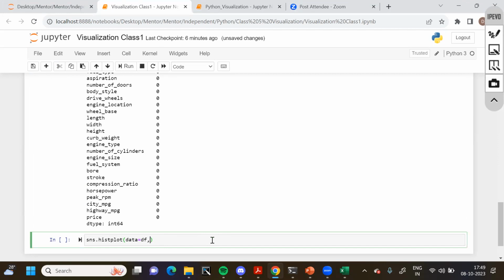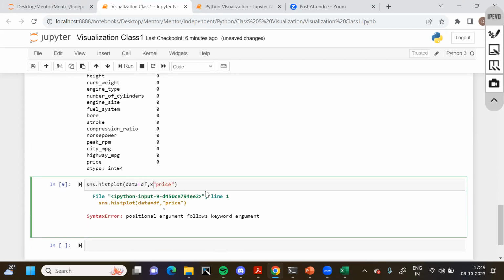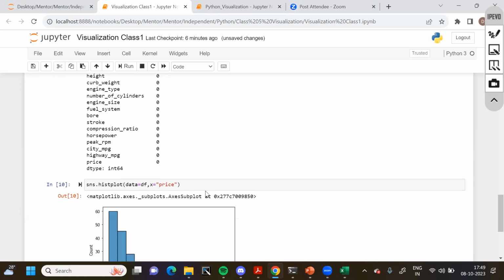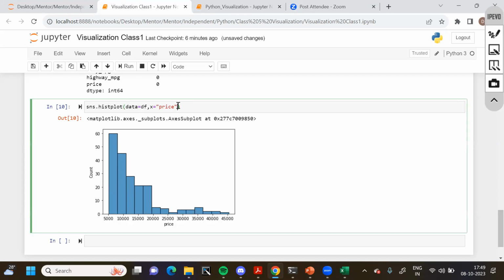So I can use simply price. You can see that it is giving you the histogram of how it is distributed. KDE is equal to true.